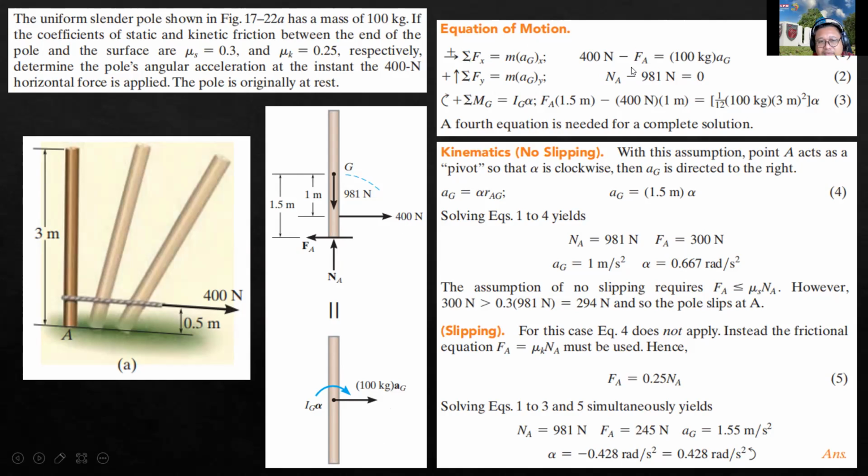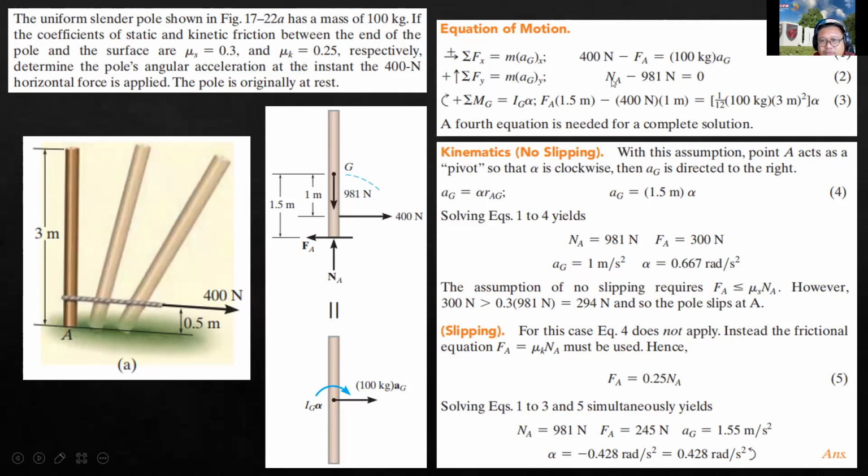And then you have a friction force to the left, and that's why we put a minus sign here, and all that equals 100 kg times AG, because we know that it is moving to the right-hand side.